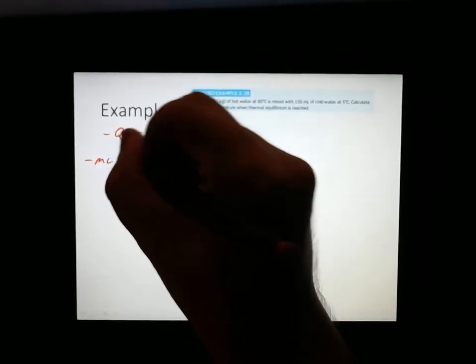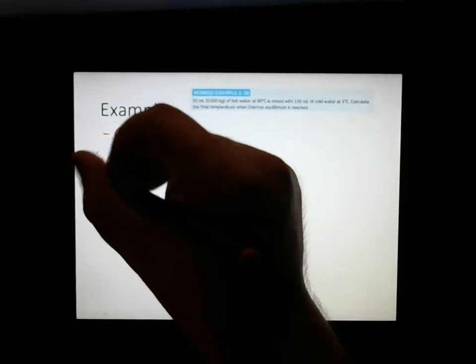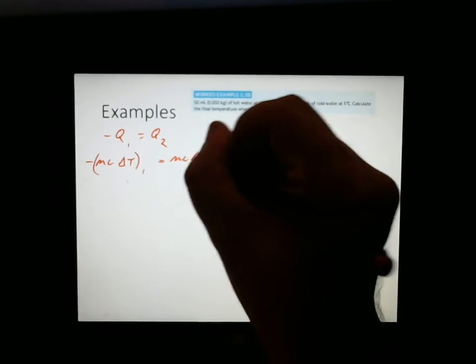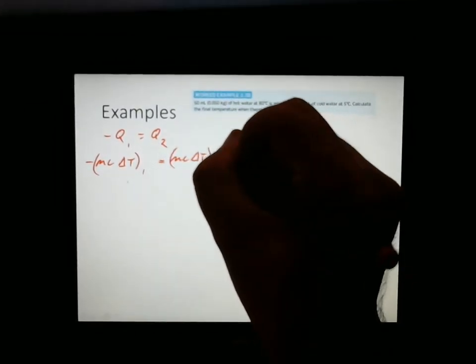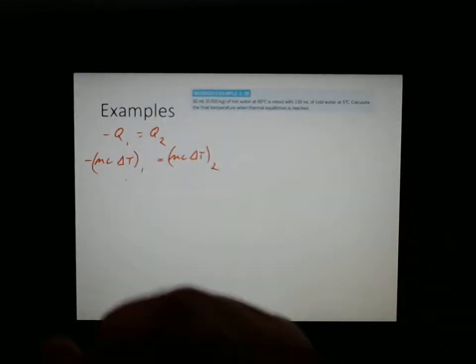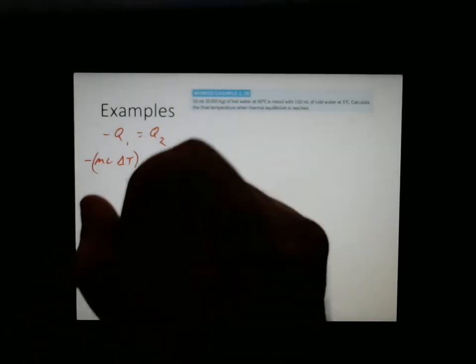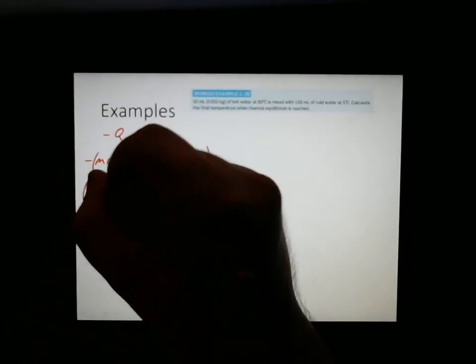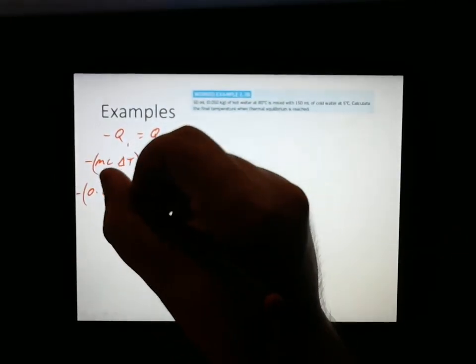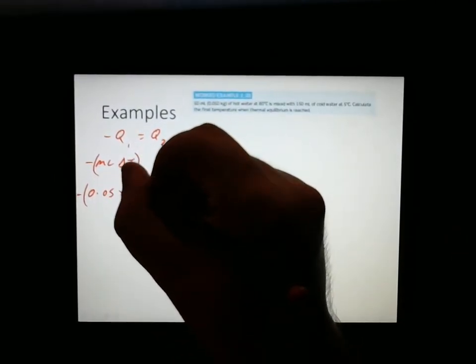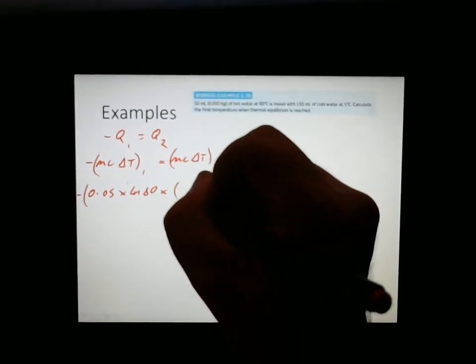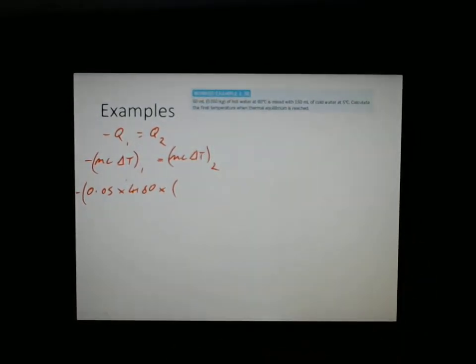MC delta T, and that's all number 1, equals MC delta T number 2. Let's start putting our values in. Our mass is equal to 0.05, don't forget my negative sitting out at the front, times our specific heat capacity of water, 4180, times our change in temperature. So TF, we don't know what TF is because we don't know what it's mixing to.